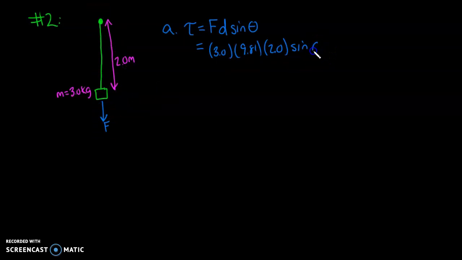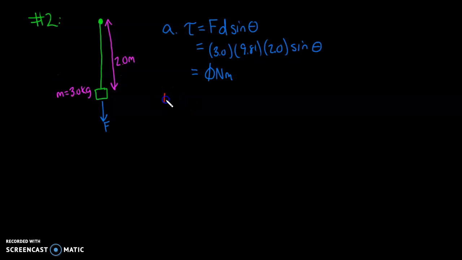It's going to be 0. Okay, so sine of 0 is 0, so if I plug all that in, I get 0 Newton meters for the force on part A.